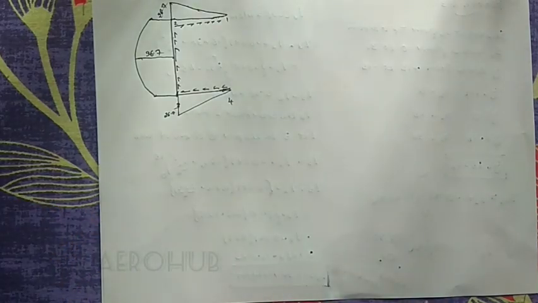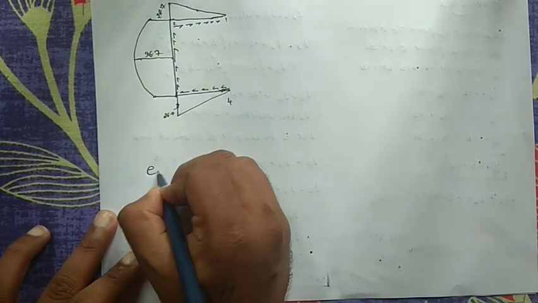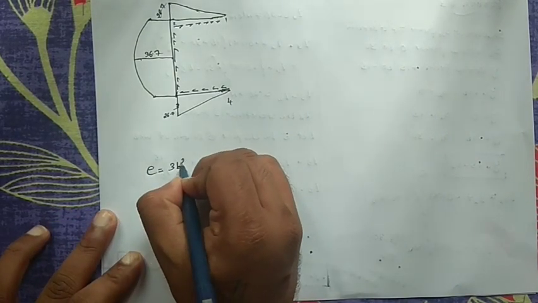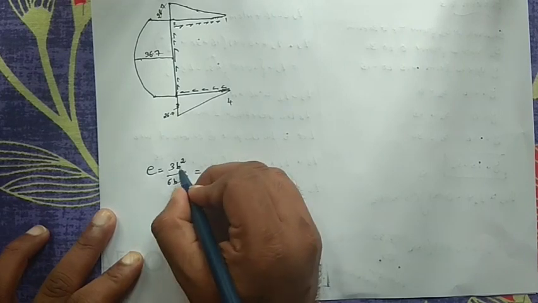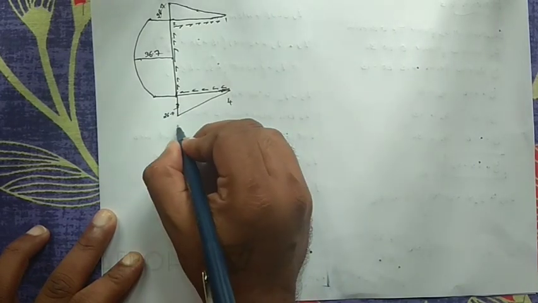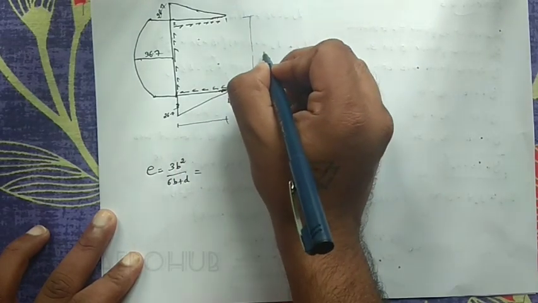Now we have to estimate the value of shear center. Shear center is a point about which the section will be subjected to bending without twisting when we are applying a shear load. We have the direct formula: e is equal to 3b square divided by 6b plus d, where b is the total width of the flange, and d is the height of the web.